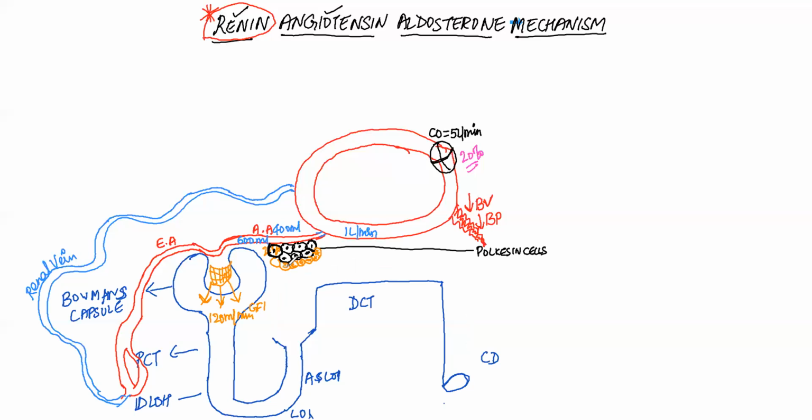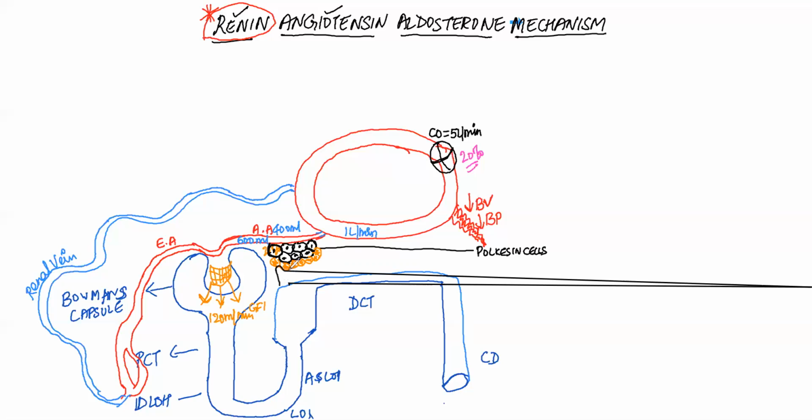This interconnecting connective tissue connects it to a group of cells that are present on the distal convoluted tubule, at the starting of the distal convoluted tubule, and they look like tall dark patches.